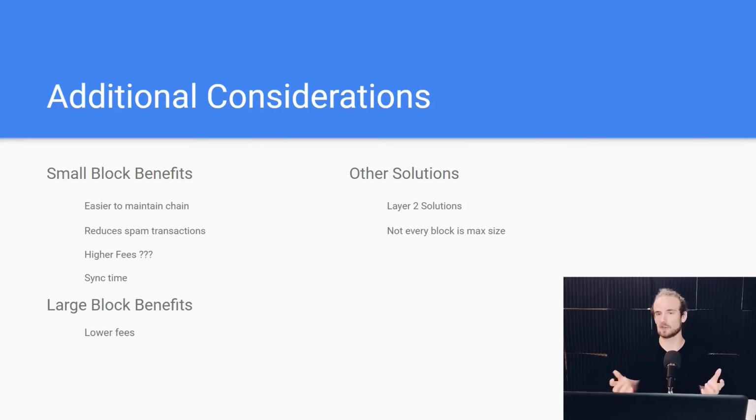For example, as we talked about, it's easier to maintain the chain, to keep the full history of the blockchain on lots of different computers, so it is more decentralized.